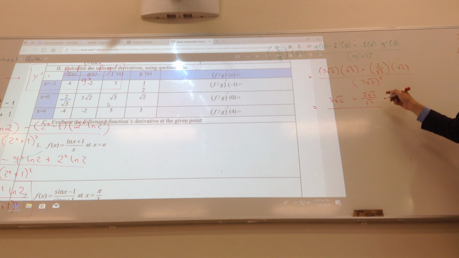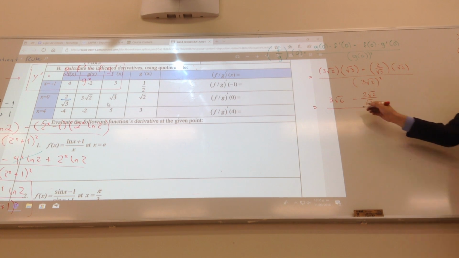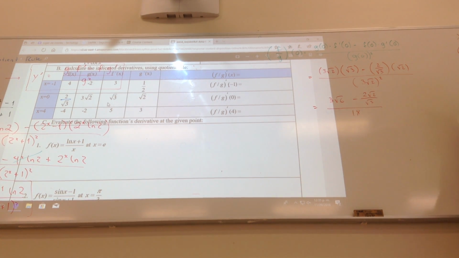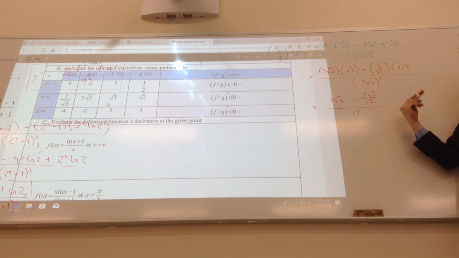Good. Over 3 square root of 2 to the square? 18. Why 18? 3 to the square is 9. Square root of 2 to the square is 2. 9 times 2 is 18. Is that my answer? No.